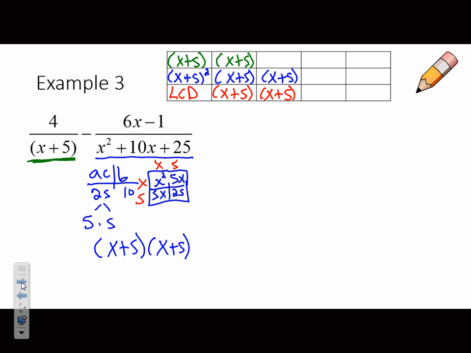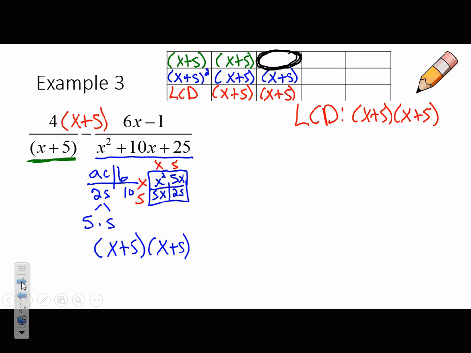So it's really important that we remember that our least common denominator is x plus 5 and x plus 5. Now we have to go through, see what we're missing. On my first fraction, I'm missing one of my x plus 5s. So I have to multiply my numerator of my first fraction times x plus 5. My second one has nothing missing, so I don't need to multiply my numerator by anything.